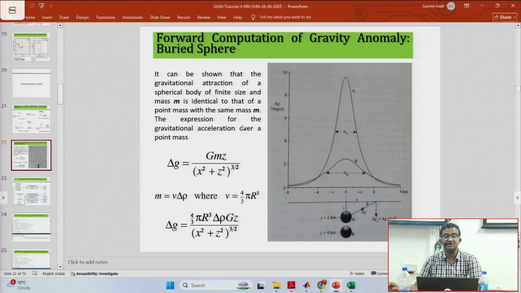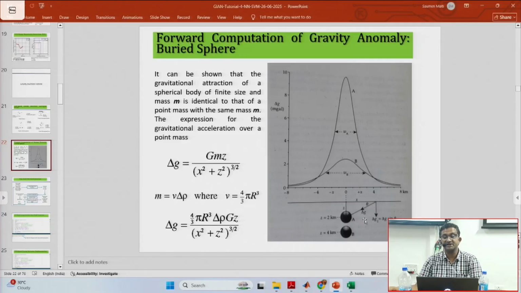So let us take an example of your gravity response, which is recorded in milligal, and let us say a buried sphere at different depths. So what matters is that from the surface to the center of the sphere, that is your depth, and at what points it is observed, and the size.